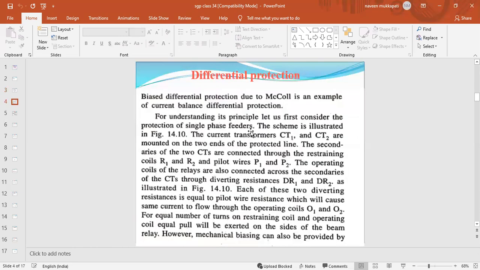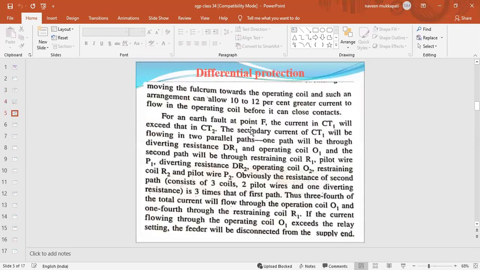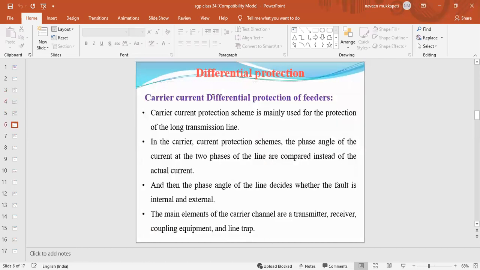Next, the second type of protection is the carrier current differential protection of a feeder. Why are we going for the second type of protection?